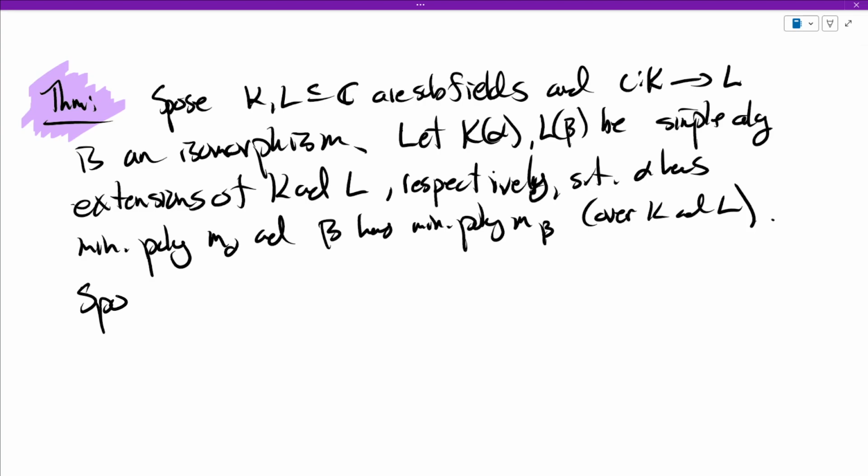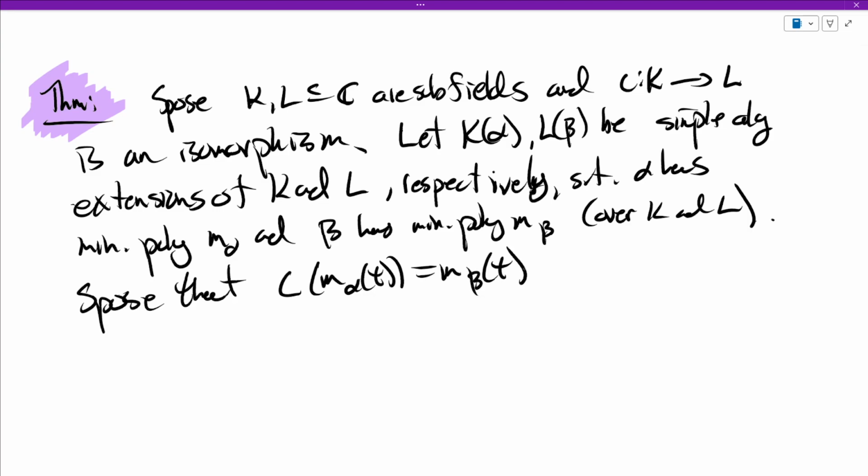Suppose further that iota of M alpha is M beta. That is to say, when you change the coefficients from K coefficients to L coefficients, one of the minimal polynomials gets changed to the other minimal polynomial.